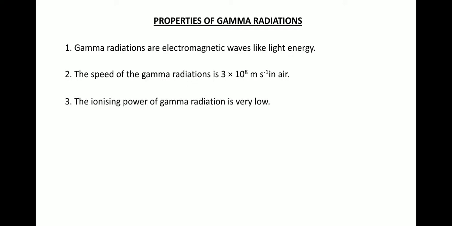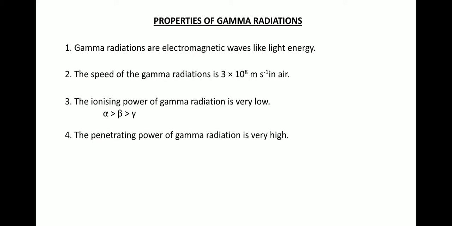The ionizing power of gamma radiation is very low, as we have already learned that alpha particles have more ionizing power compared to beta, and gamma rays have the lowest ionizing power. The penetrating power of gamma radiation is very high. So gamma rays have the highest penetrating power compared to beta, and alpha particles have the lowest penetrating power.